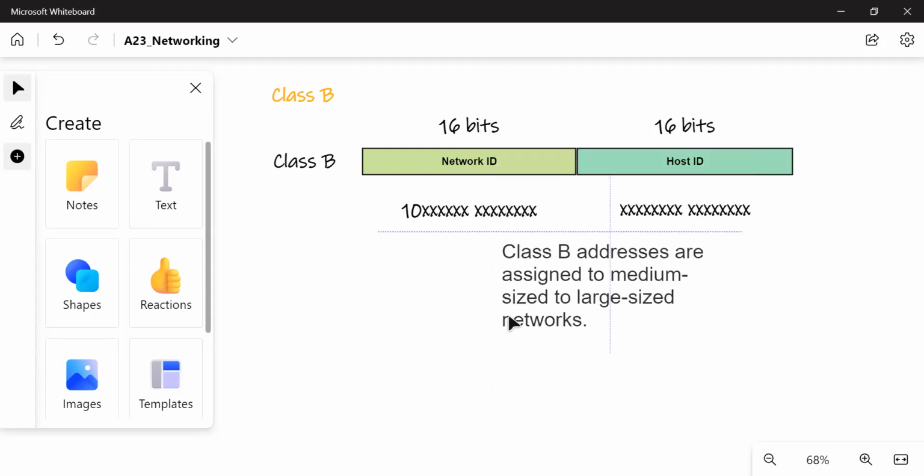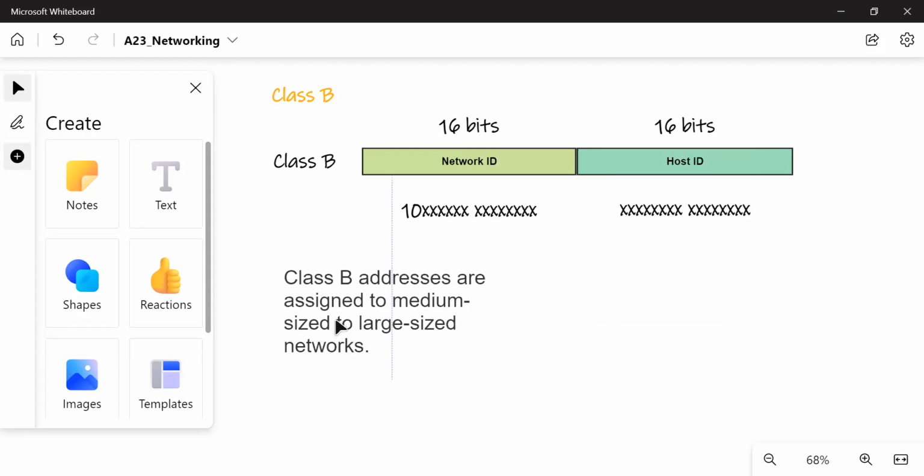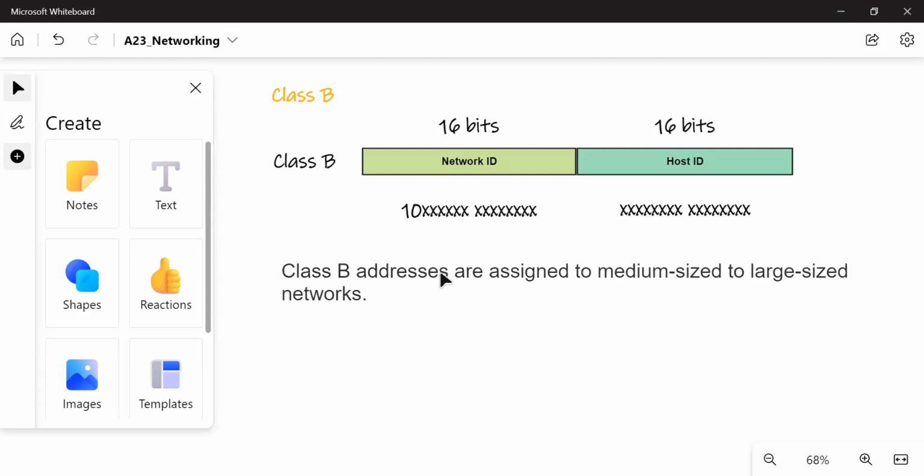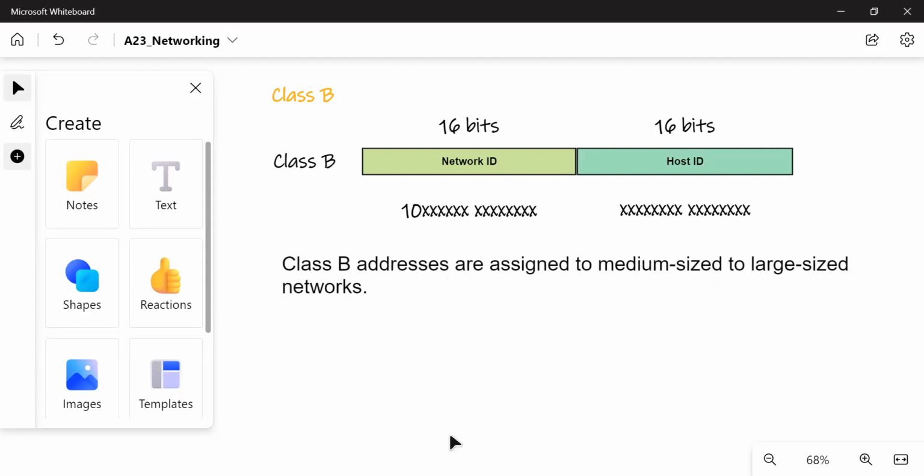But in class B, we are allocating only 16 bits, so the number of hosts or computers will be limited compared to class A. So we can say class B gives medium-sized networks.